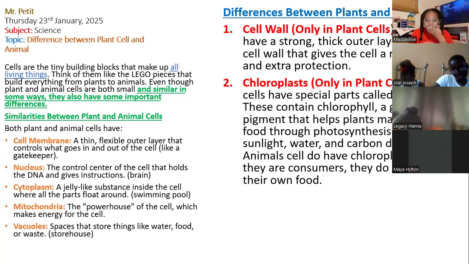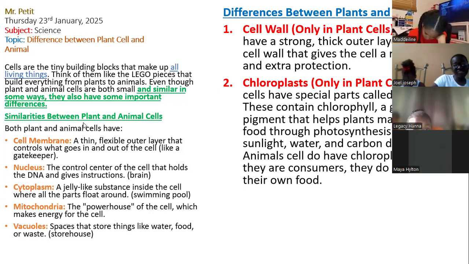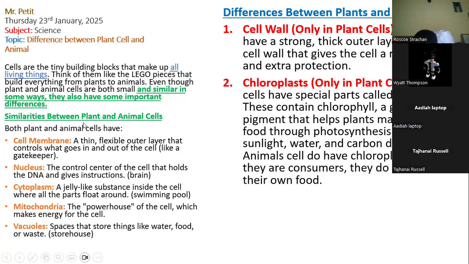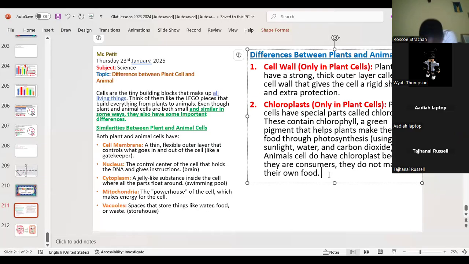So only plant cells have chloroplasts. Animal cells do not have chloroplasts. Why do animal cells not have chloroplasts? They don't have chloroplasts because they are consumers and they don't make their own food. Very good. But plant cells need chloroplasts. Why?